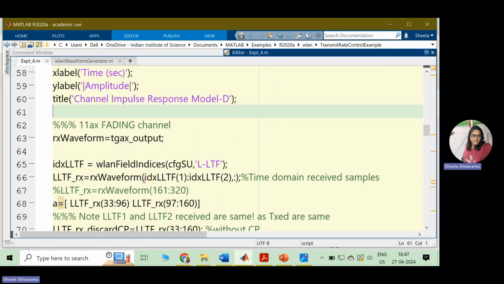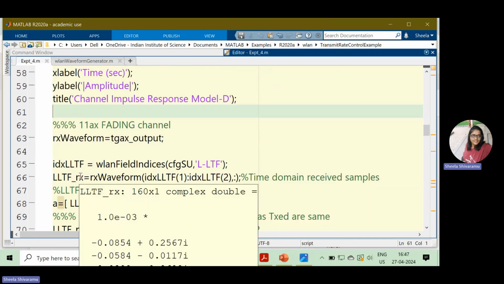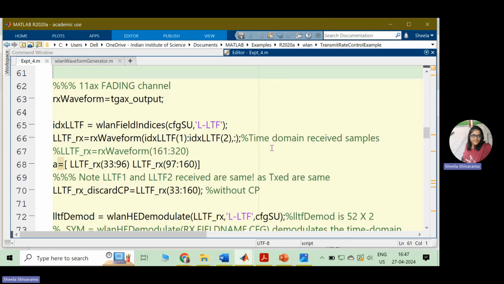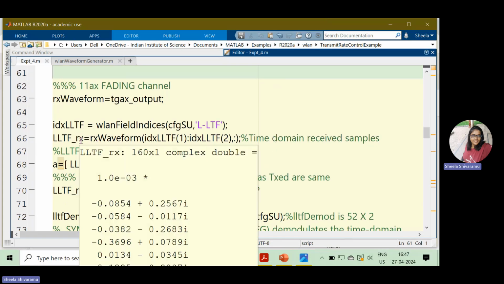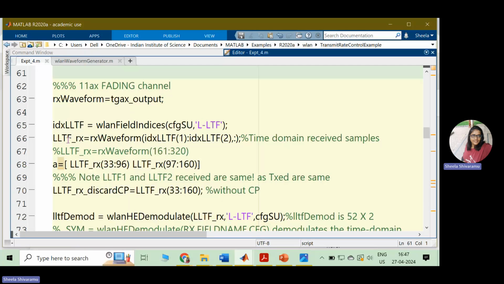So from the receiver waveform, I get the indices, and here I said 161 to 320, meaning I'm extracting the LLTF received at the receiver. This is the time domain received samples, which are obviously faded by the channel. I have not considered AWGN in this case for simplicity, so this has only the fading effect on it.